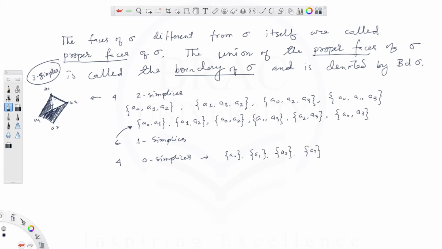The union of all these proper faces constitutes the boundary of this 3 simplex sigma. So the boundary of sigma is the union of all these proper faces of this 3 simplex.